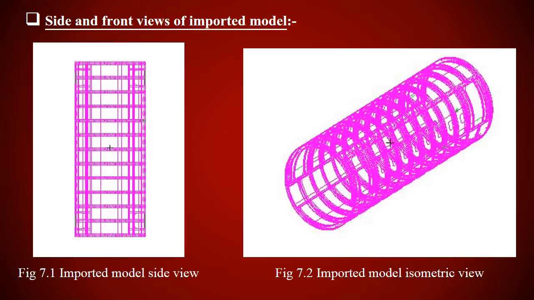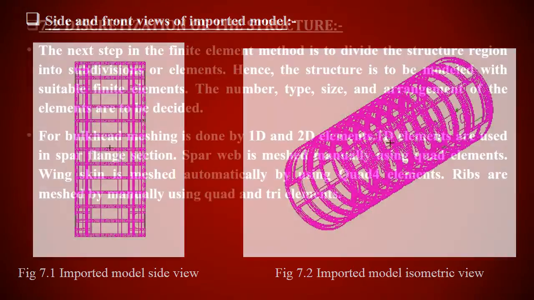First we see the imported model, the side view of the diagram. You can see in this side view what is in front of the bulkhead, and the isometric view I already explained.